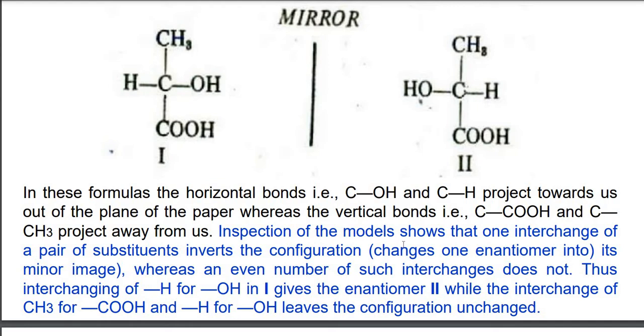So inspection of the model shows that one interchange of a pair of substituents inverts the configuration, changes one enantiomer into its mirror image, whereas an even number of such interchanges does not. Thus, interchanging H and OH in one gives the second enantiomer, while the interchange of CH3 for COOH and H for OH leaves the configuration unchanged.